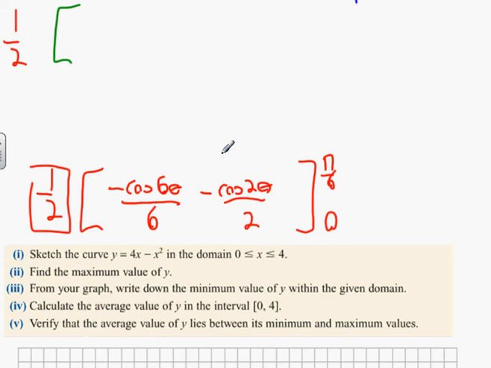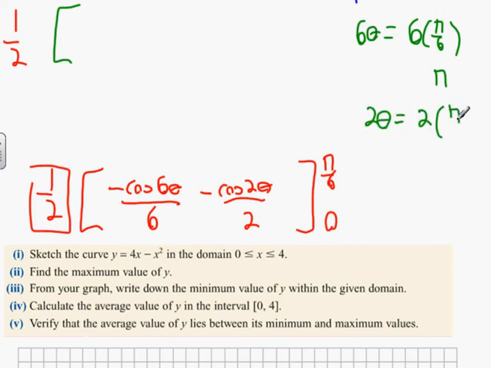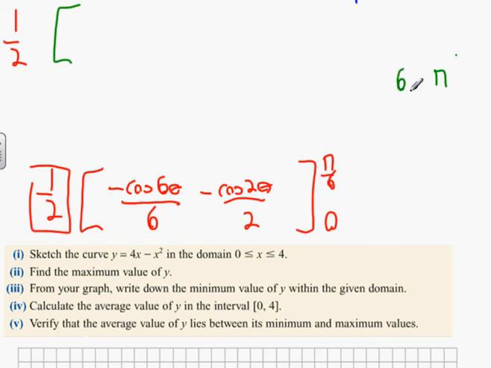So 6 theta is going to be 6 times pi over 6, which is pi. 2 theta is going to be 2 times pi over 6, which is the same thing as pi over 3.